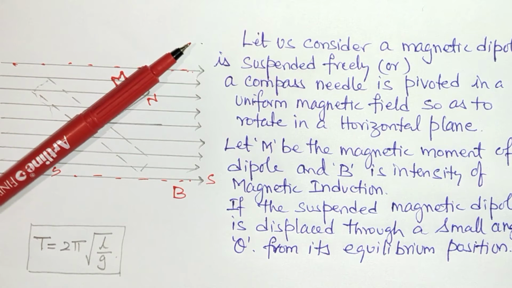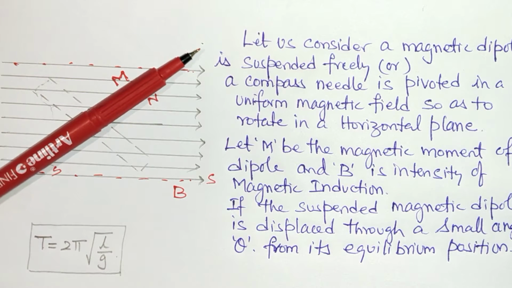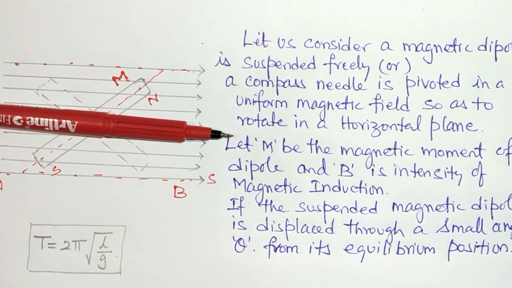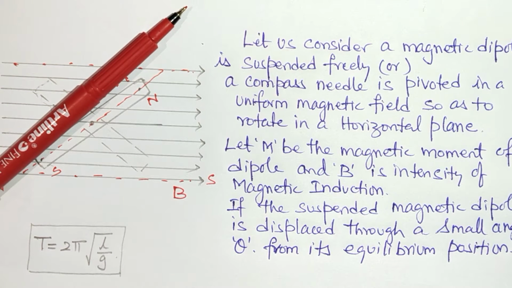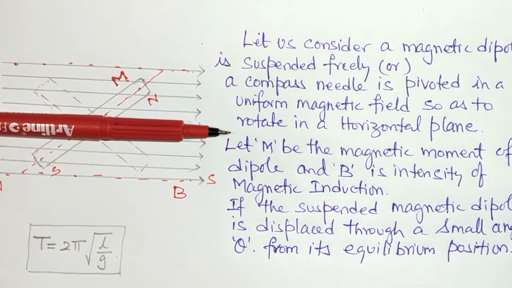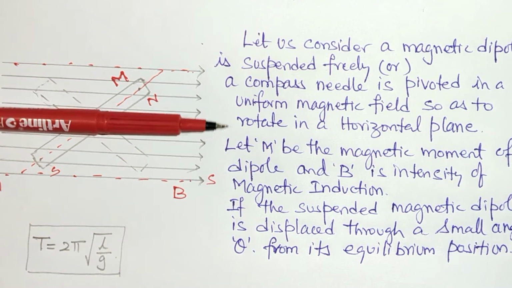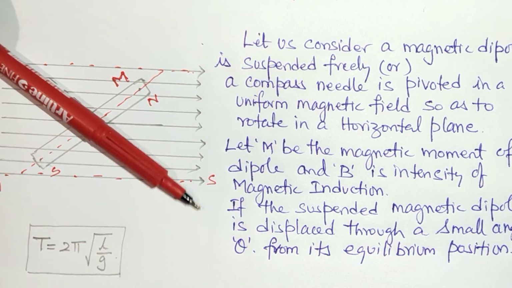When it tries to come back to its equilibrium position, it will not stop there, because it has gained some momentum when it moved in this direction. So it will not stop at the mean position. It will move further forward and keep on oscillating over a small angle theta.